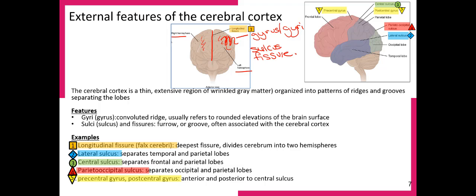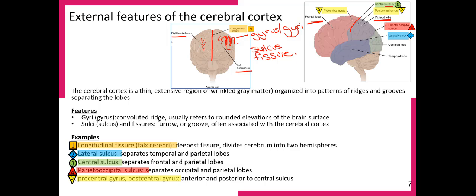So the longitudinal fissure is called a fissure rather than the longitudinal sulcus because it reaches quite deep. If you look at the diagram on the right, you can see that there are other sulci and gyri. And so you've got the central sulcus, which divides the frontal lobe from the parietal lobe.